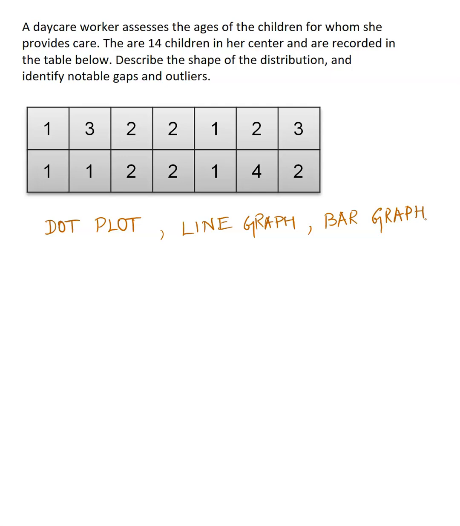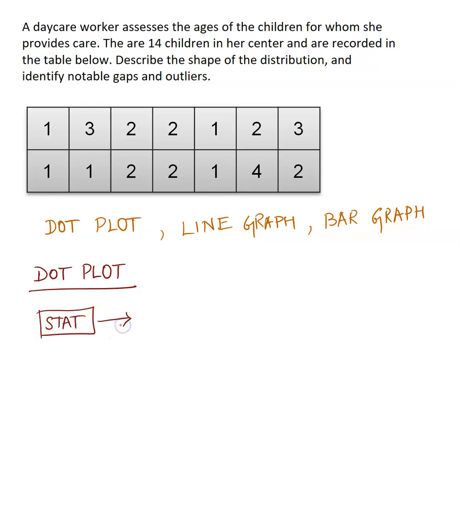So let's start with the dot plot procedure. For this, you have to go into your stat button. Again, I'll try my best to write out those steps or what you will see on the calculator. So stat button.